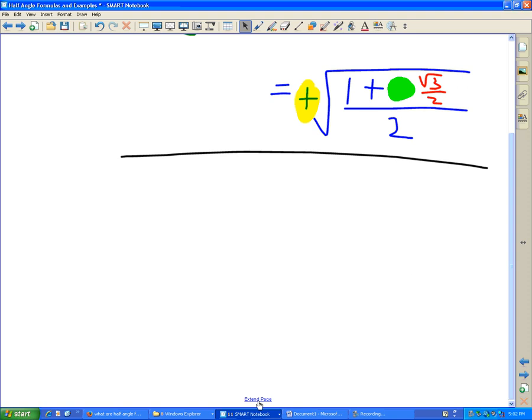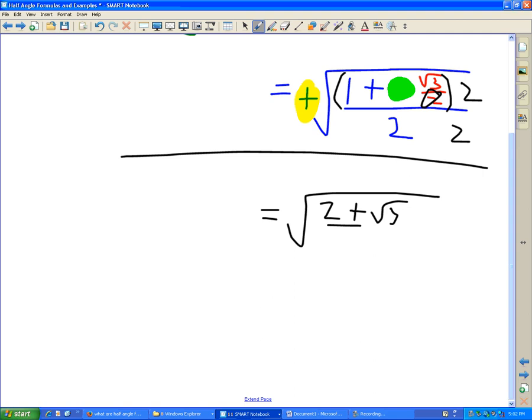The first thing I would do is I would try to get rid of the complex fractions by looking at any denominators, like this 2 right here, and multiplying by that value. So we're going to get, let's see here, distributing, I'd get 2 plus the square root of 3 all over 4. And here's the beautiful thing about this particular value.